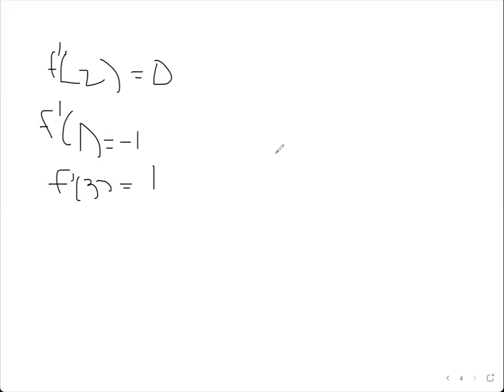Well, we have a horizontal tangent here, which means it's a critical point. When it's to the left, it's a negative slope. And when it's to the right, it's a positive slope, which means that it should be a minimum. So using the first derivative test, based on just these three values, we found out that it's a minimum at the point x equals 2.